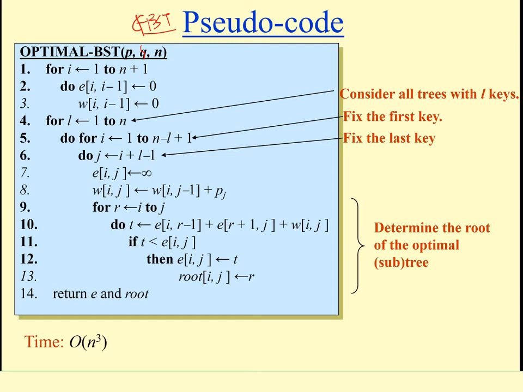First, lines 1 to 3 are for the initialization. For i from 1 to n plus 1, we set e[i, i minus 1] equal to 0, and w[i, i minus 1] also equal to 0.